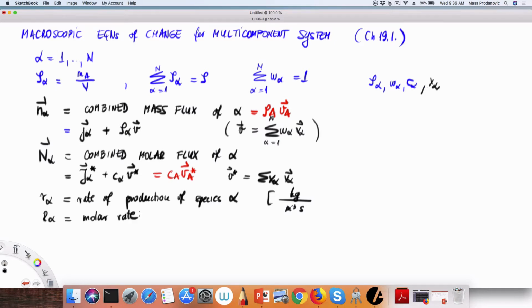Yes? Flux J is, that's why it is the same as the rho alpha V alpha? Because then J should be general. So this is my molar only, and this is what moves with the entire species.